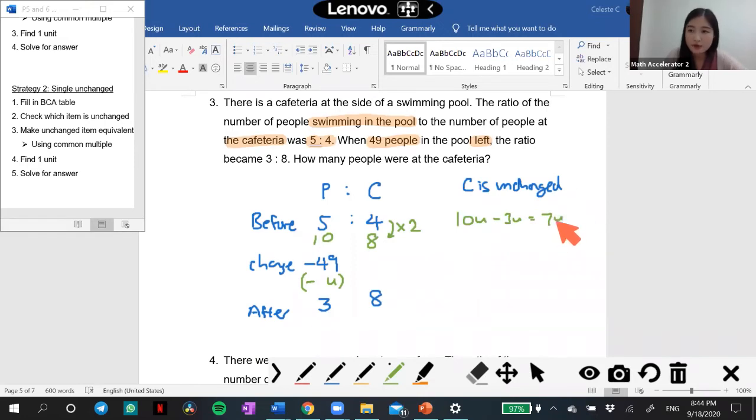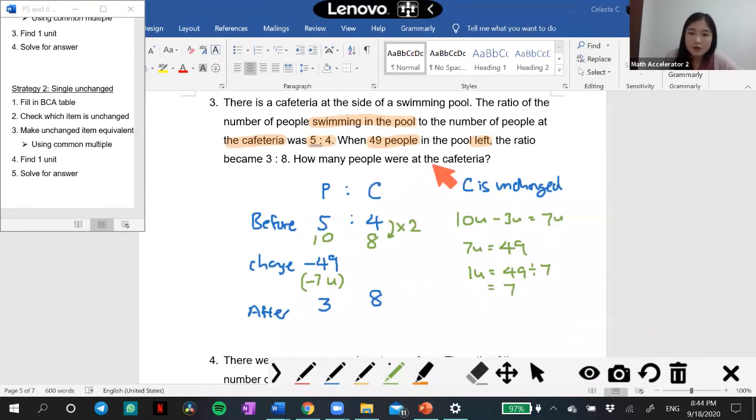Okay, thank you. 7. 10 minus 7, you have the 3 units at the end. So this tells us the 7 units must be the 49 people who left the pool. So what's 1 unit? 49 divided by 7, which is just 7.